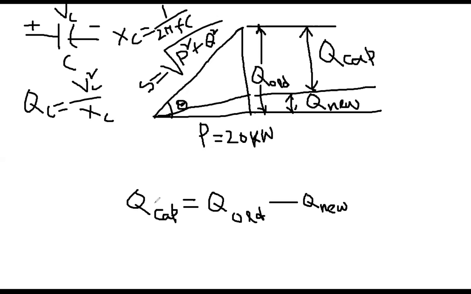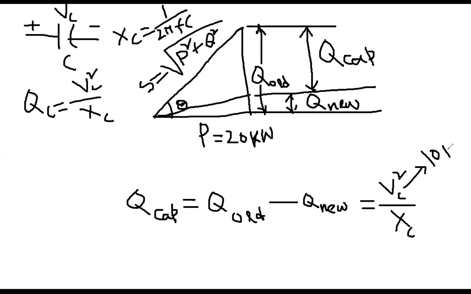Therefore, if you can just find out this difference, this magnitude Q cap, then according to this equation, that is your VC squared over XC. And what is the XC? XC is 1 over 2 pi FC. Everybody see in the problem, VC is given.